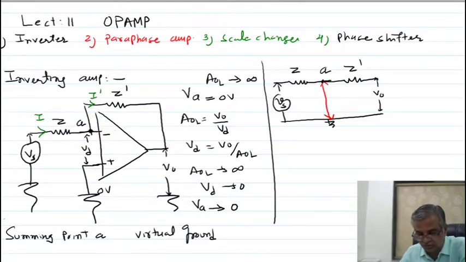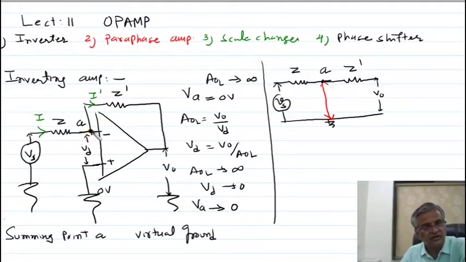Due to infinite open loop voltage gain, the voltage drop between these two terminals tends to 0, meaning this potential and this potential are the same.